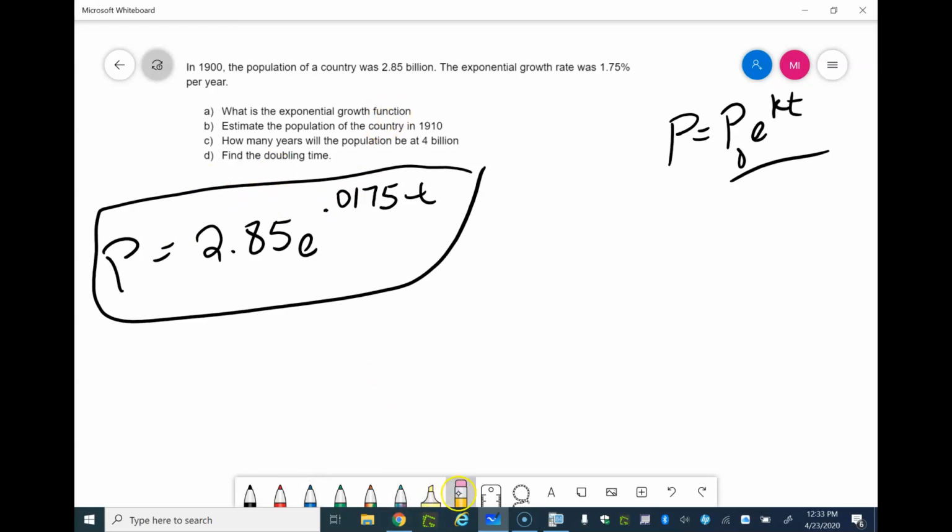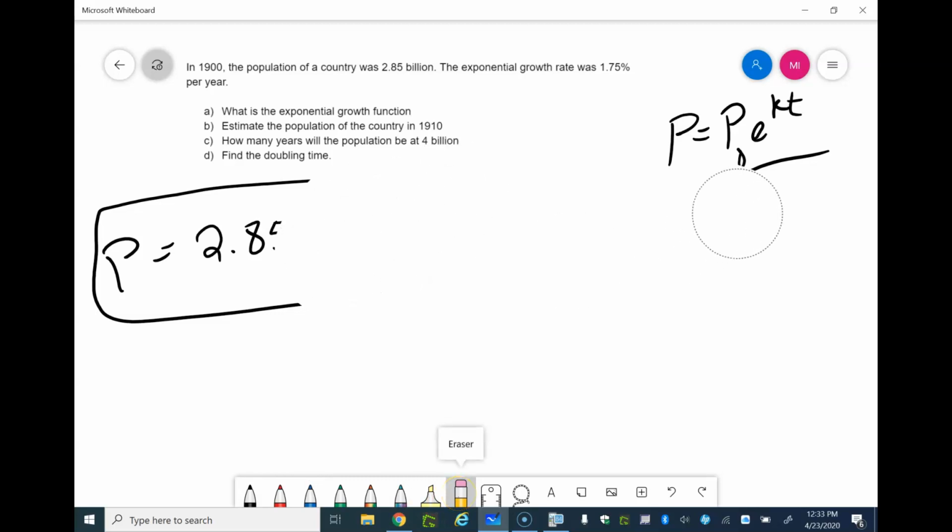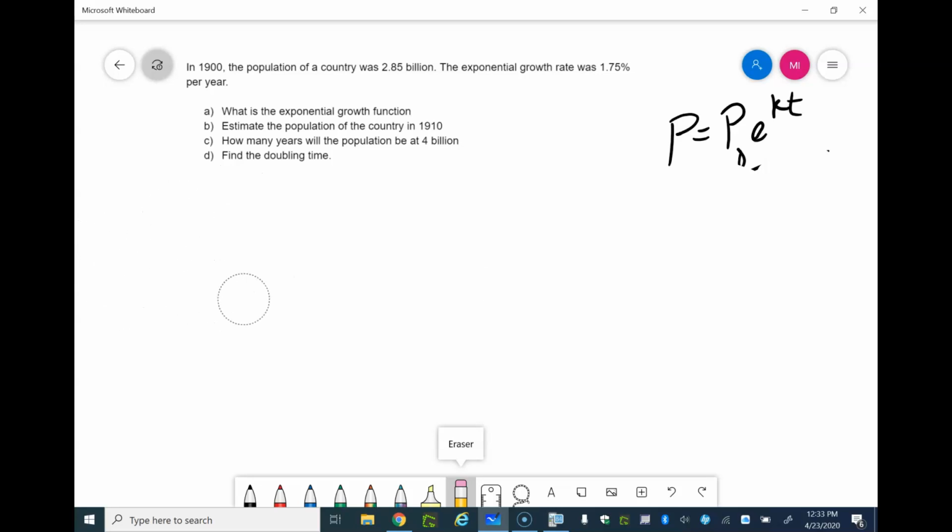Part B now. We want to know the estimated population of the country in 1910. Again, you have to figure out how many years went by. From 1900 to 1910 is 10 years, so t is going to be equal to 10.